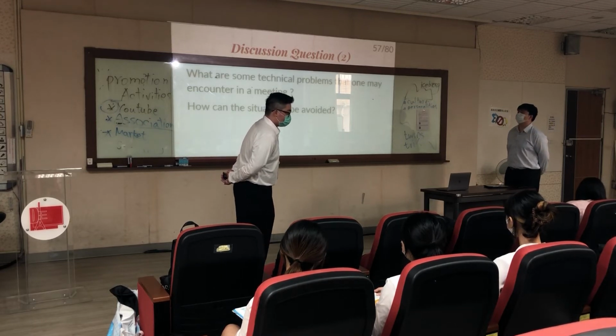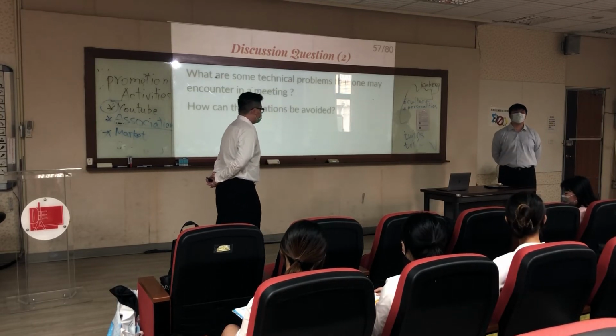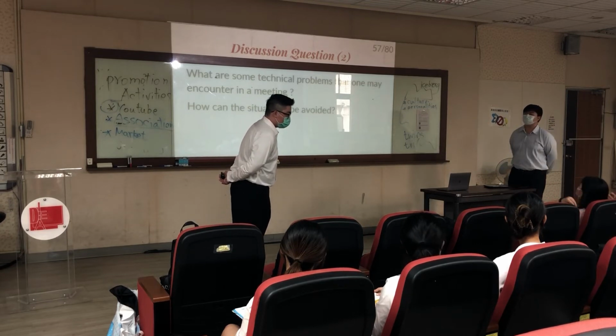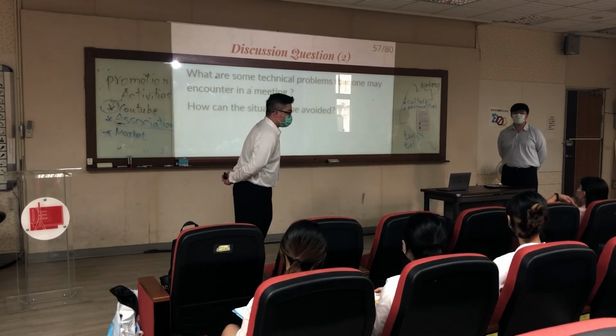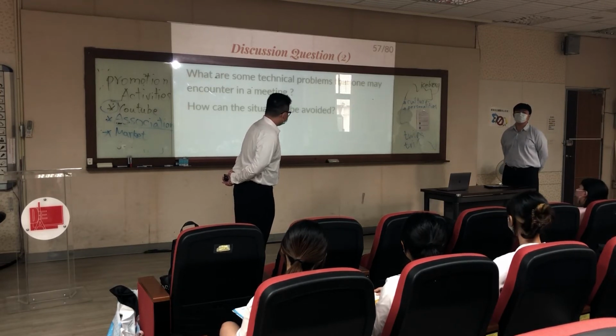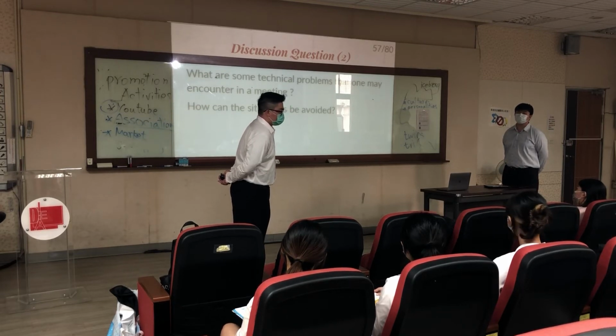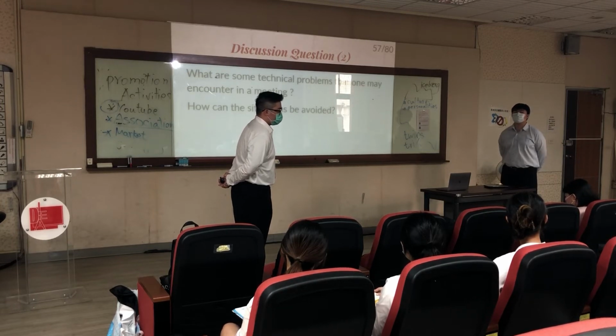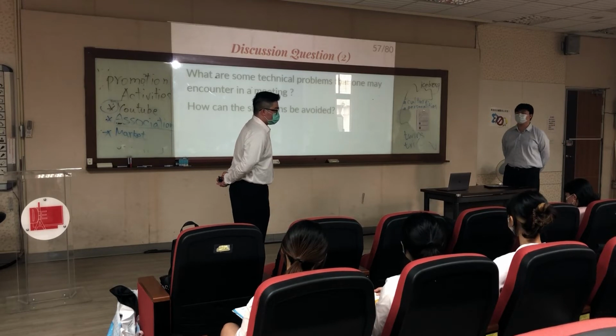Just like right now, you might have to come to a meeting room before the meeting and set up the technology, like the, how do you call it, camera. And how can you avoid it? Just prepare everything in advance beforehand.